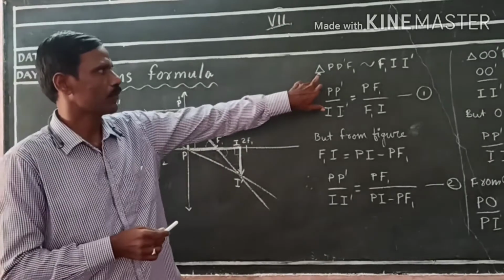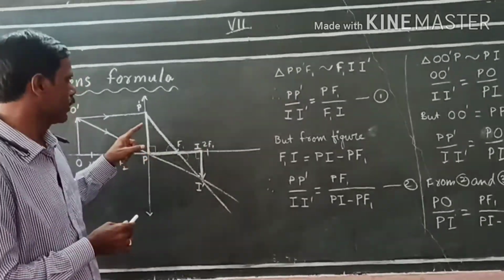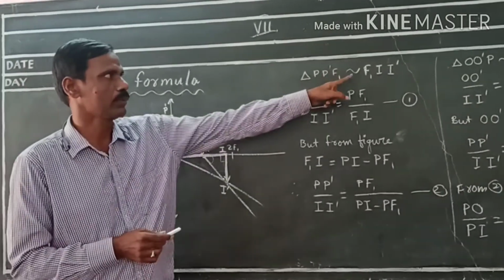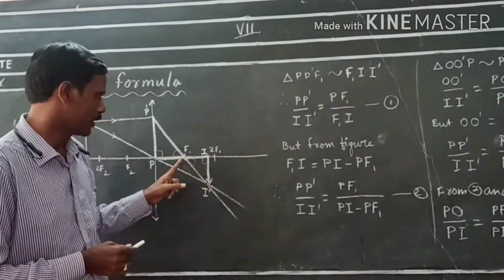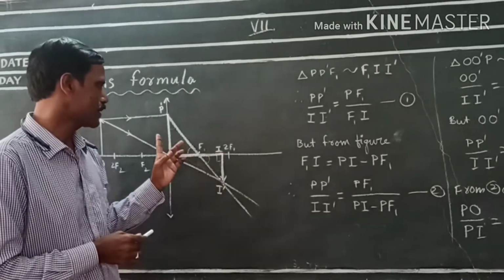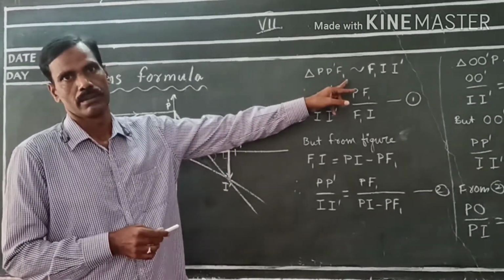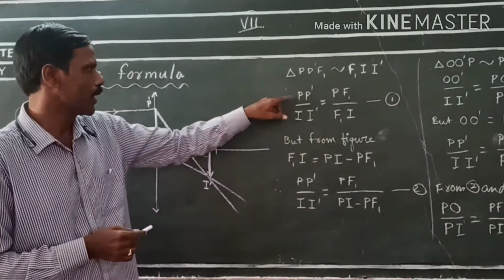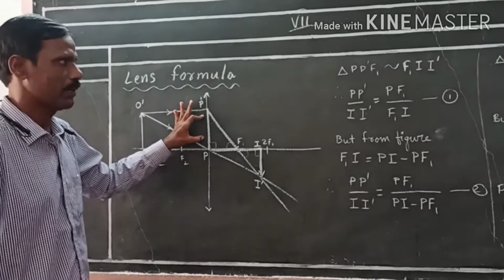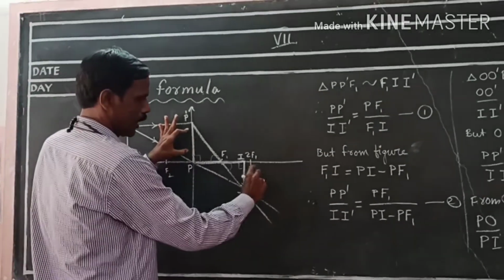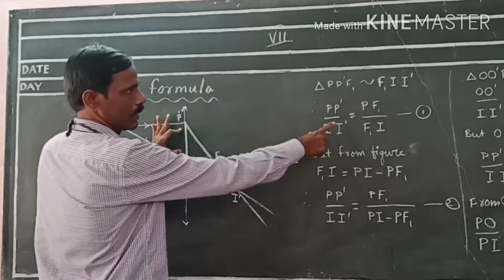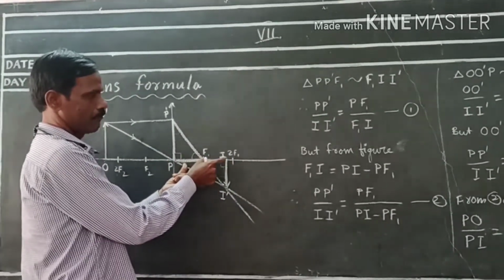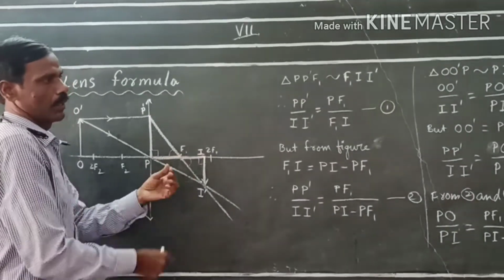So triangle PP'F1 is similar to triangle F1II'. As these two triangles are similar, the ratio of the corresponding sides are equal. Therefore PP'/II' is equal to PF1/F1I.